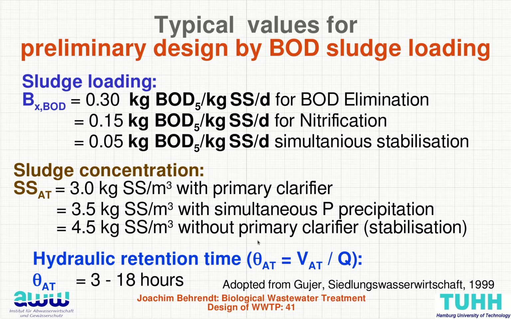And if you work without primary clarifier, for example, if you want to make a simultaneous stabilization, you are ending up in the range of 4.5 kilograms per cubic meter. And you have this hydraulic retention times, more 18 hours than 3.